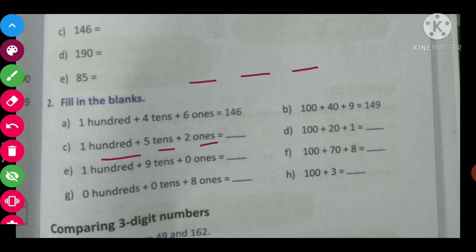Now in hundreds place 1 is there, in tens place 5 is there, and in ones place 2 is there. So our number will be 152. 1, 5 and 2, 152 will be our number.